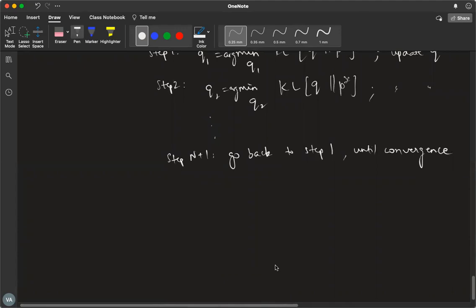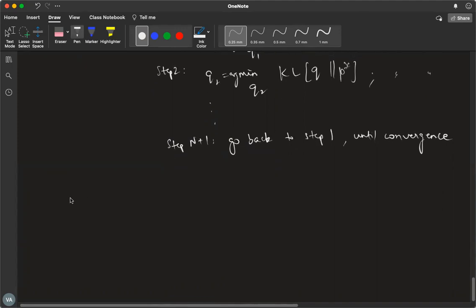To do this, let's write down. It's a little messy derivation, so please bear with me and make sure that we don't make any mistakes along the way. So let's first try to optimize it with respect to Qk, minimizing with respect to Qk.